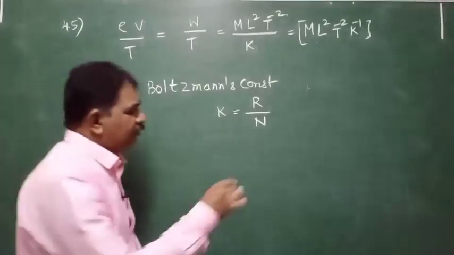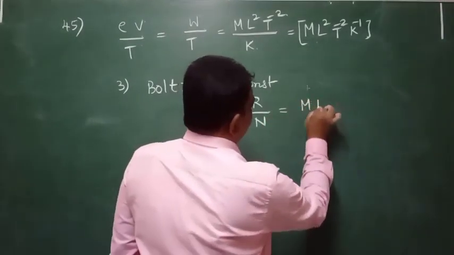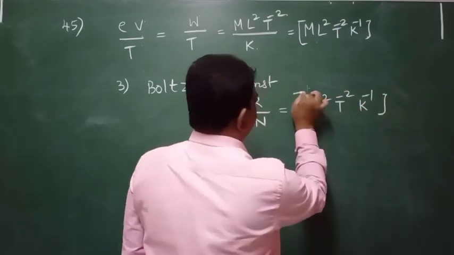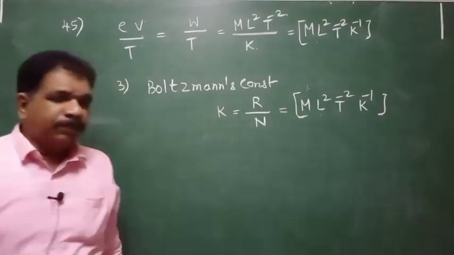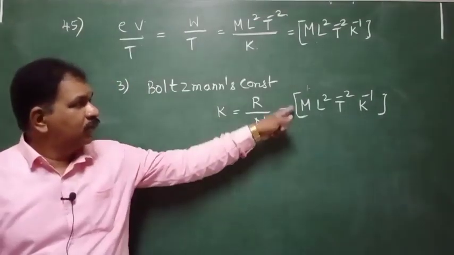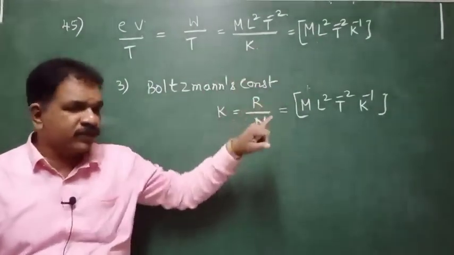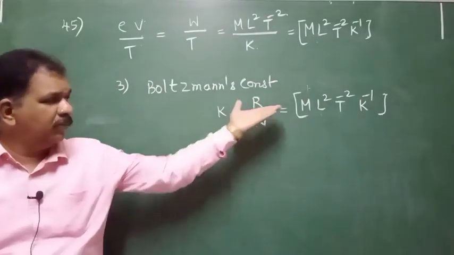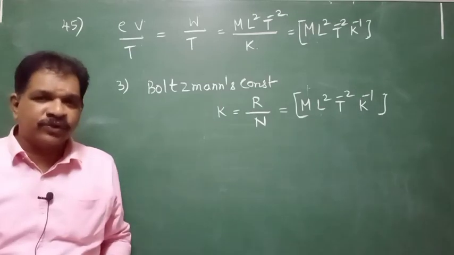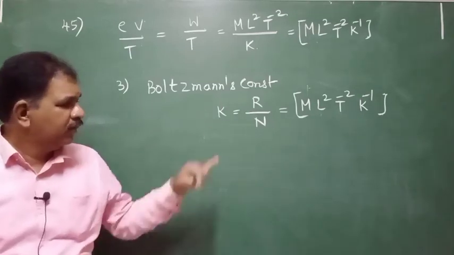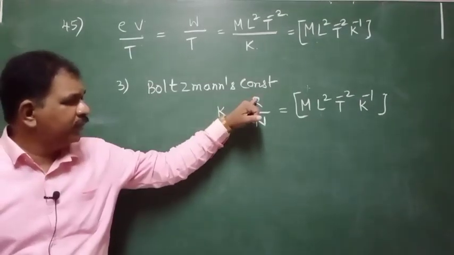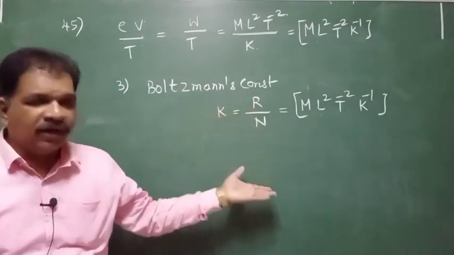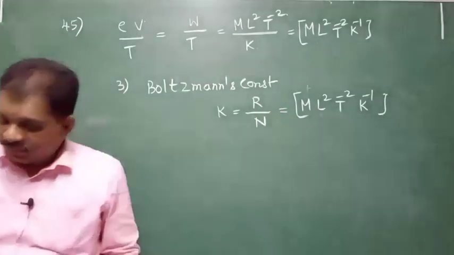So its dimensional formula will be ml square t power minus 2 k power minus 1, and both will have the same dimensions. Or K is equal to heat energy by temperature; if we take it like that, that will also come.